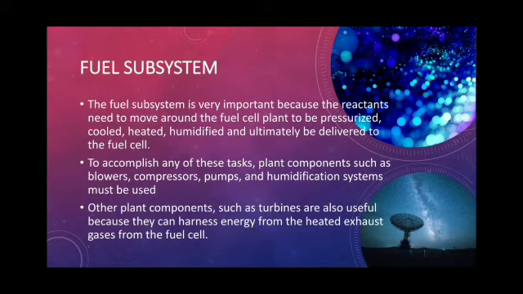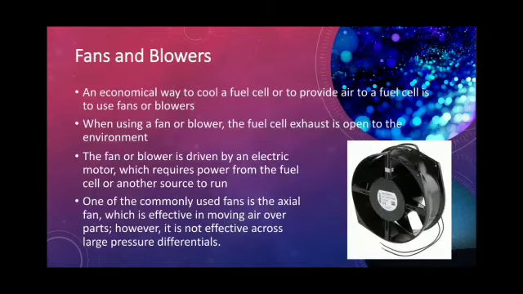The fuel system allows the reactant to accomplish this task by using blowers, compressor, pump, and humidification system. Other plant components such as turbines are also used because they can harness energy from the heated exhaust gas from the fuel cell.